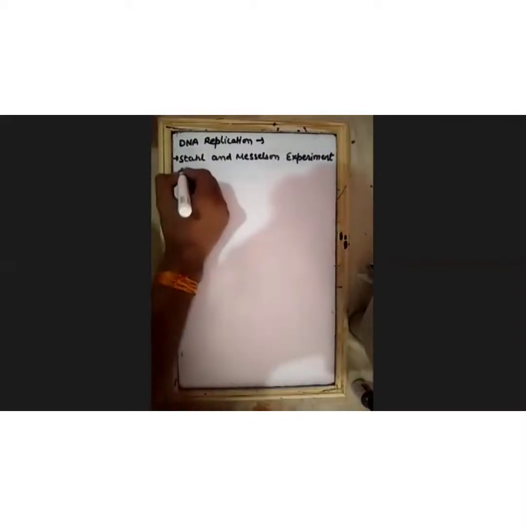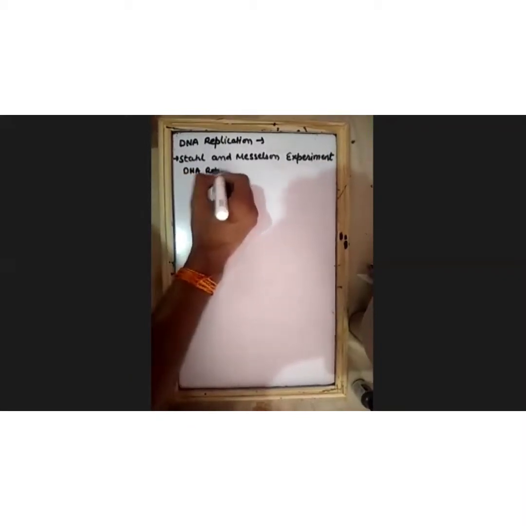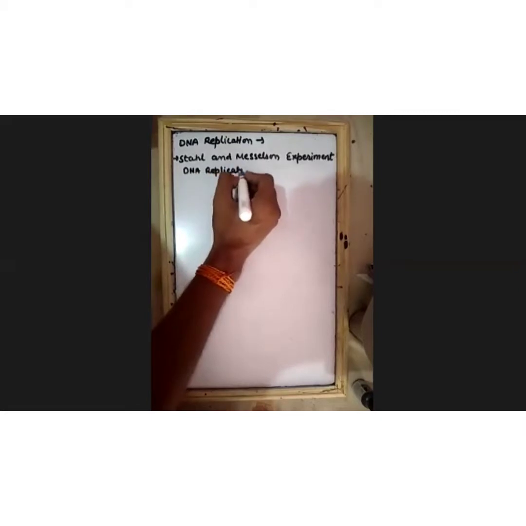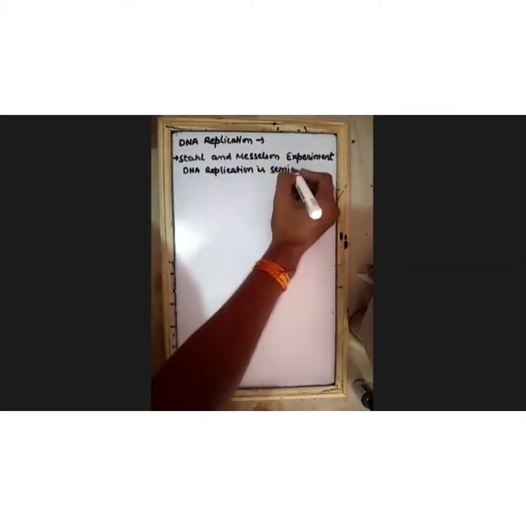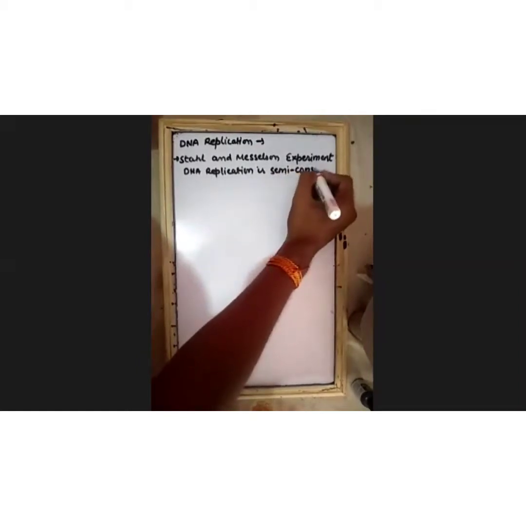So DNA replication is semi-conservative. Now, what is semi-conservative? We will discuss it further.